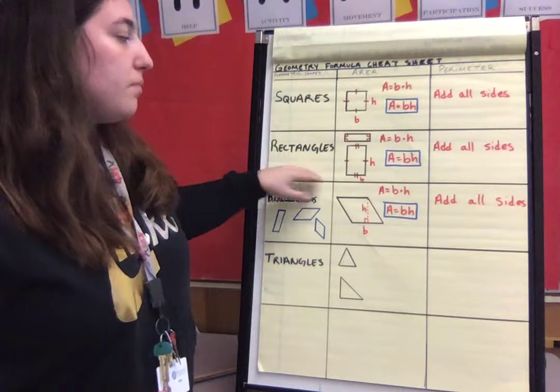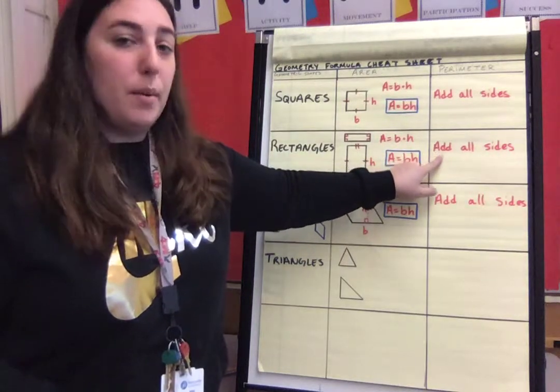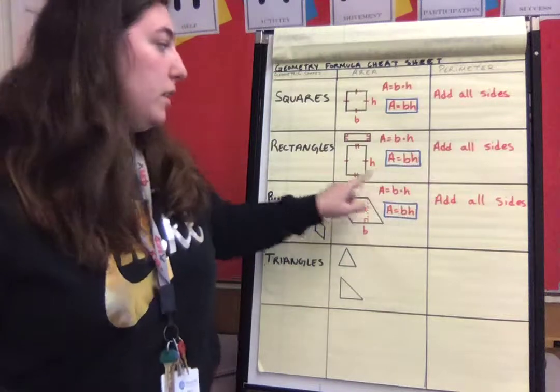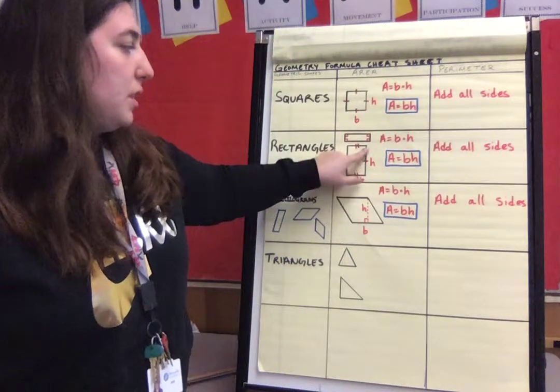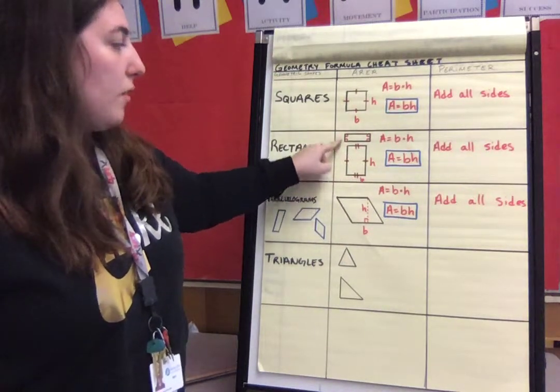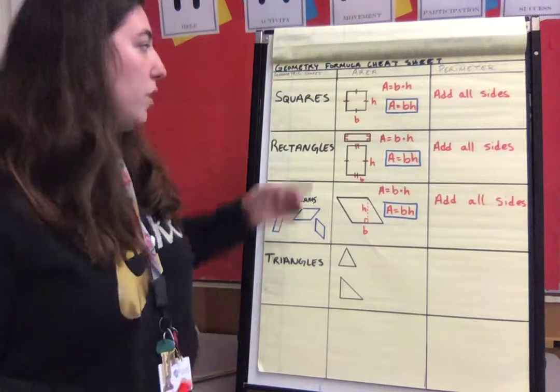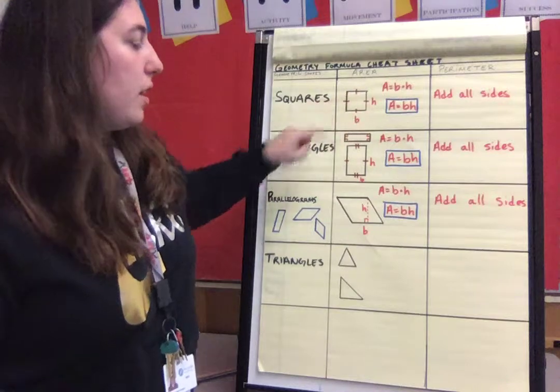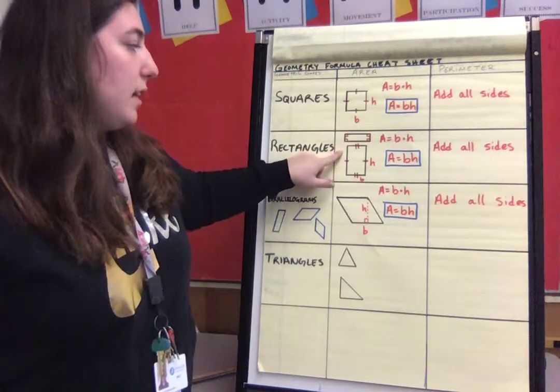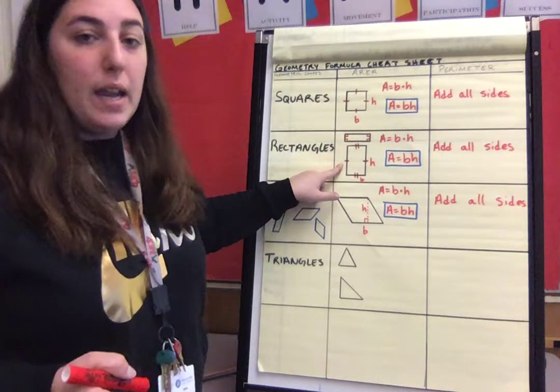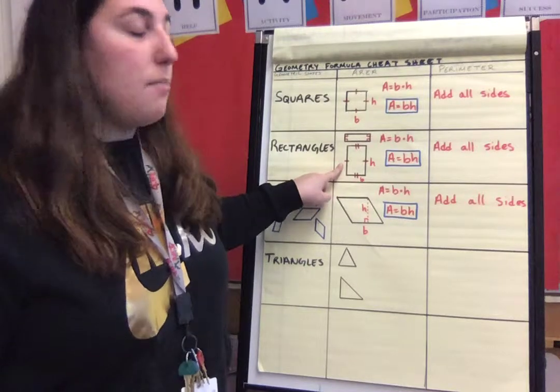With rectangles, it's the same thing with perimeter. We're just going to add all the sides: this side plus this side plus this side plus this side. Here I have a couple different sketches for rectangles. With squares, all sides are the same, but with rectangles, we have two pairs of sides that are the same.